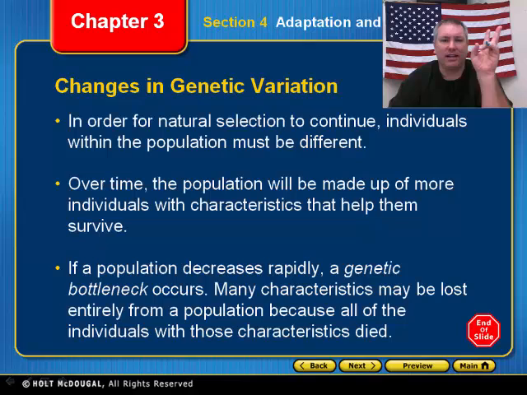You don't want to have just gene A and gene B and that's it for all those animals, because if something happens to gene A or gene B, guess what? That population of animals is going to go. So you don't want that; you need to have that genetic variation.